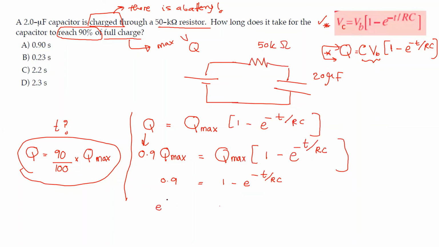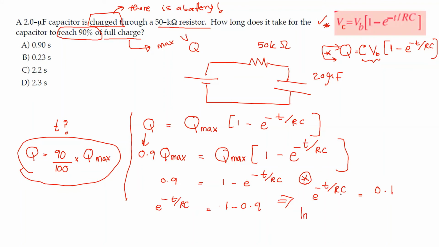So I will get e to the negative t over RC, and on the other side I have 1 minus 0.9. So this reduces to e to the negative t over RC equal to 0.1. So this part is new to you. You might know it, but sometimes you might not know it. So how to solve this stuff? To solve your e value, if you look carefully in your calculator, there will be something called ln. It is called the natural log.